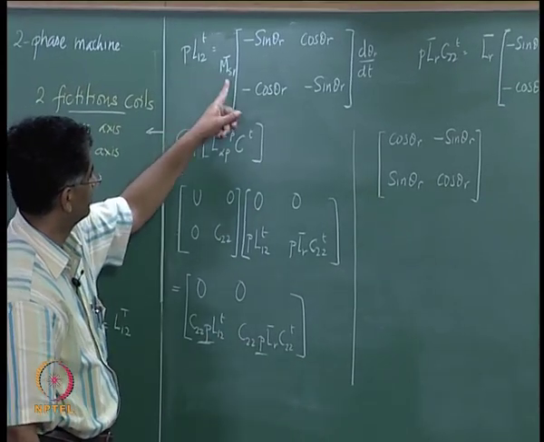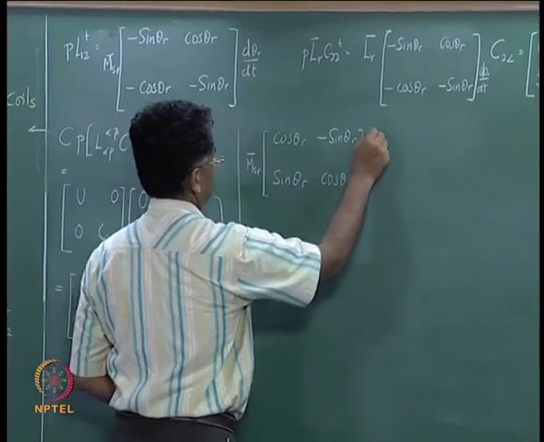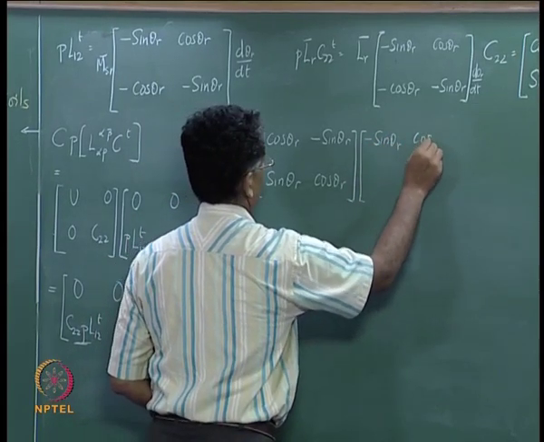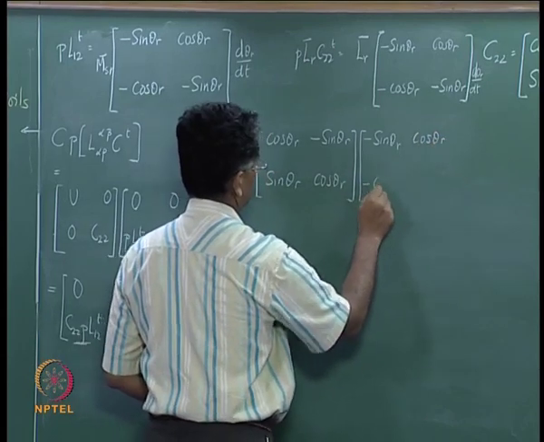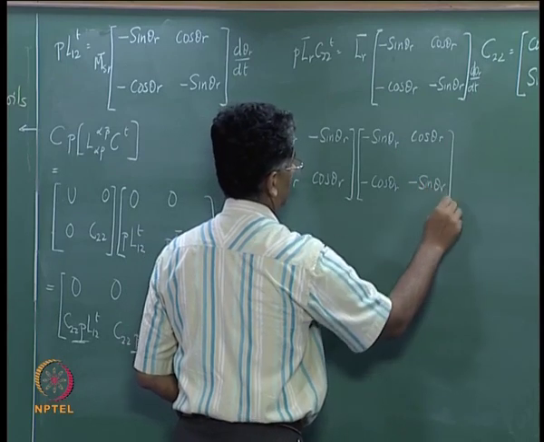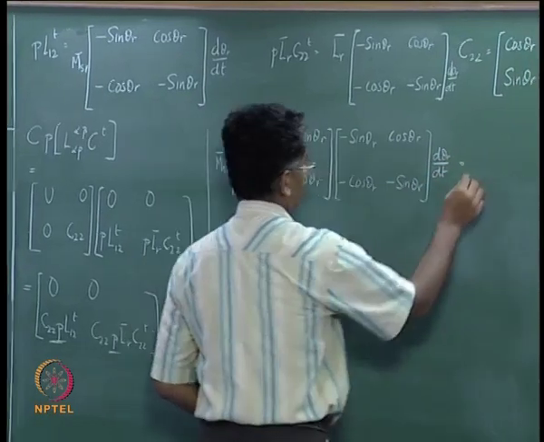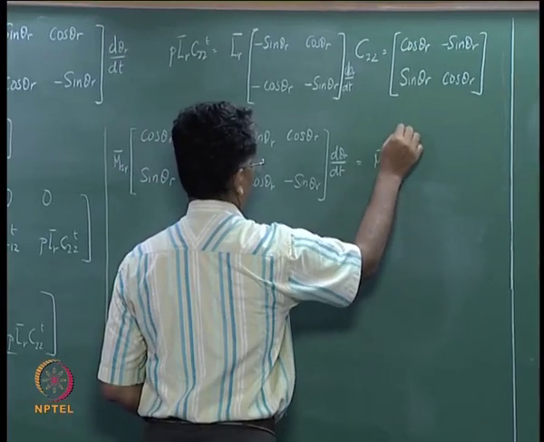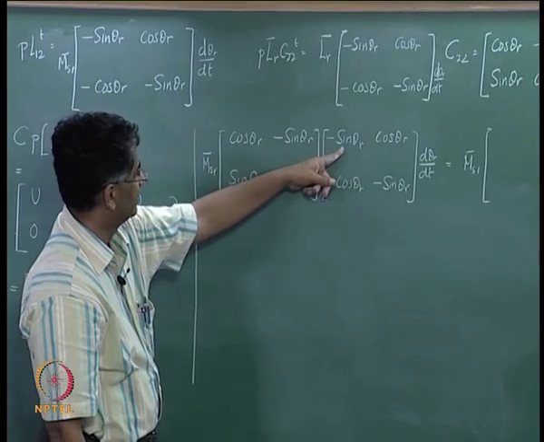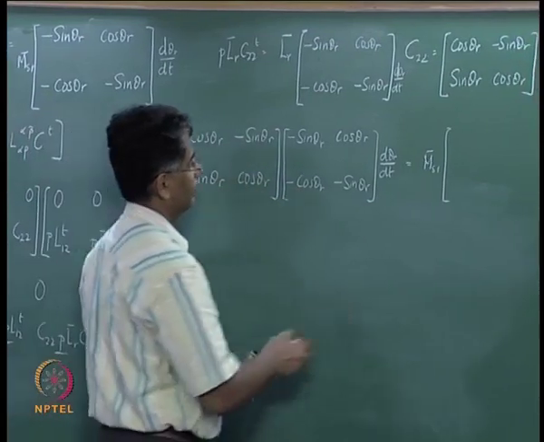P L12 transpose we already have here, and therefore that is MSR bar multiplied by minus sin theta r cos theta r, minus cos theta r minus sin theta r, multiplied by d theta r by dt. So, that is going to give us MSR bar into, the first term is cos theta minus sin theta and plus sin theta cos theta, therefore this term is 0.